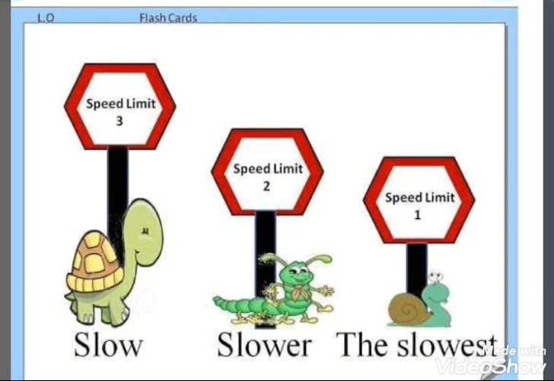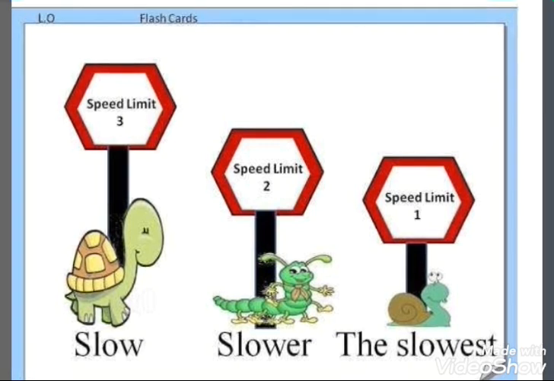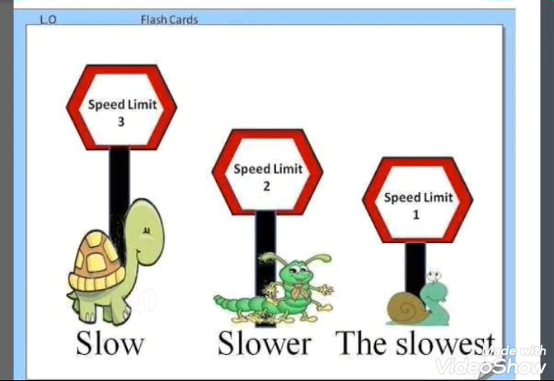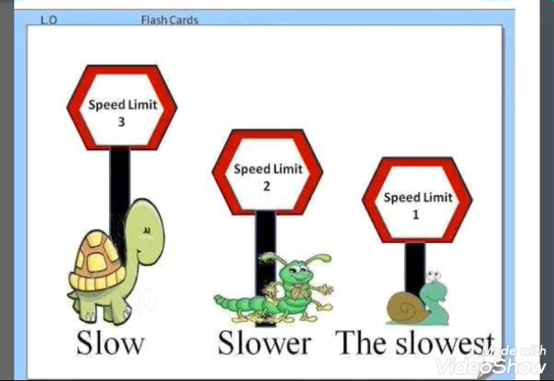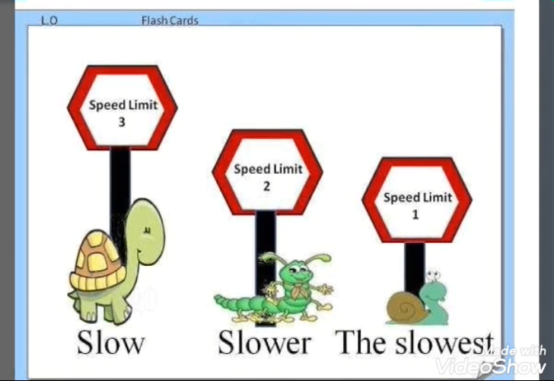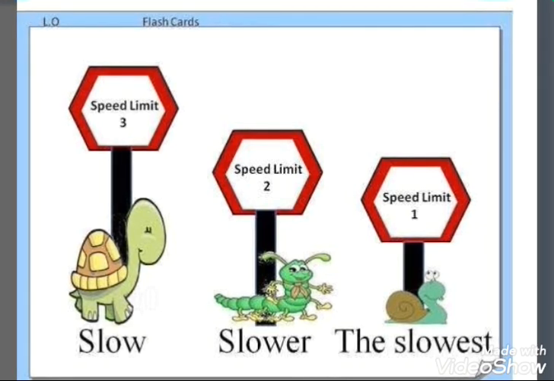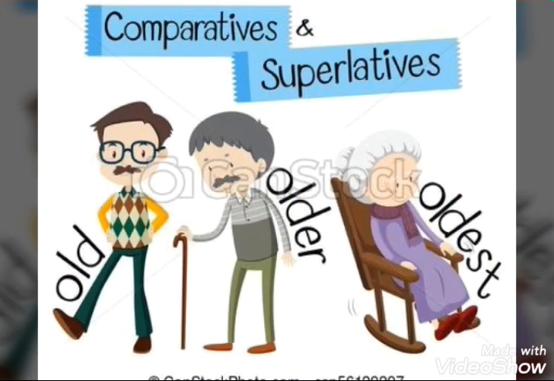The snail is the slowest one. So we have slow, slower, the slowest. Okay?